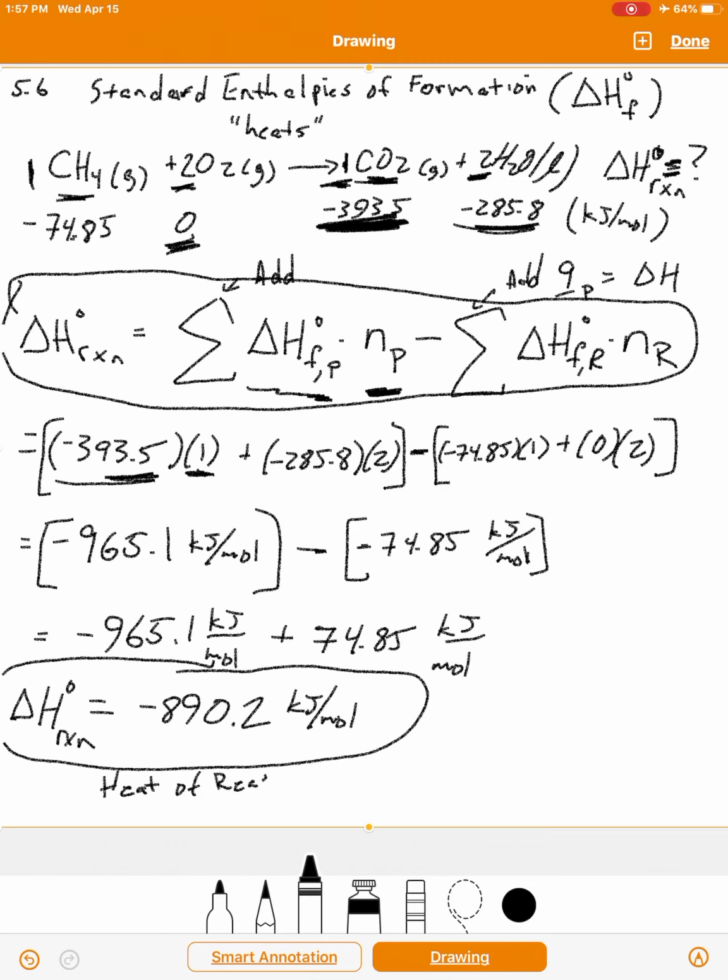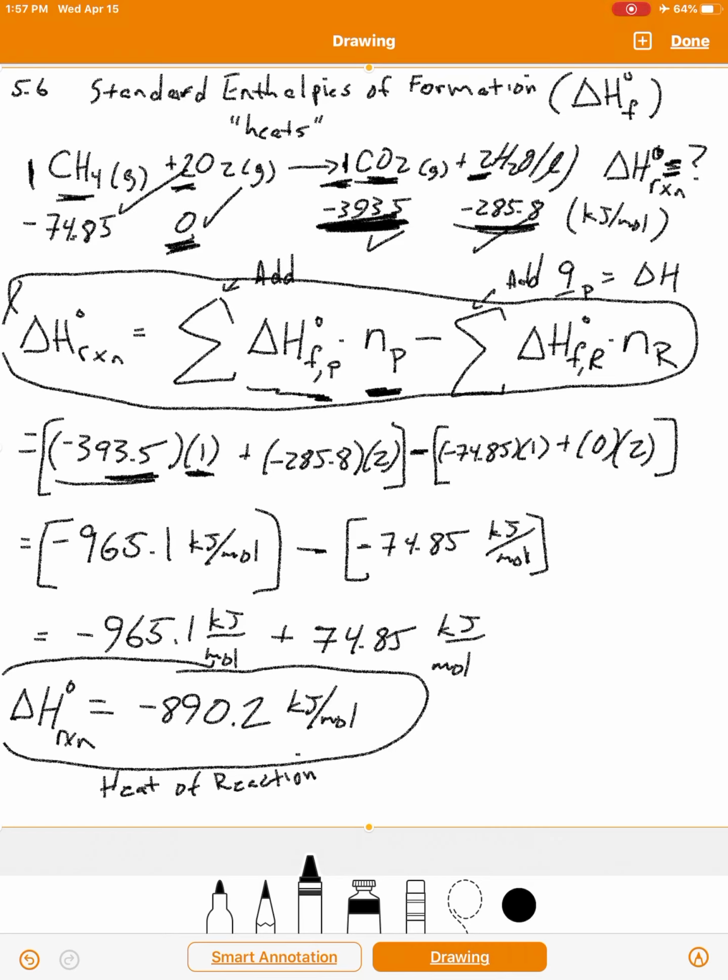The way you calculate it, or one way to calculate it, it's not the only way, is to go to the appendix or some table and look up the heat of formation values for every substance in the equation. And if you can find all of them, you can use this equation. So you look those 4 values up.